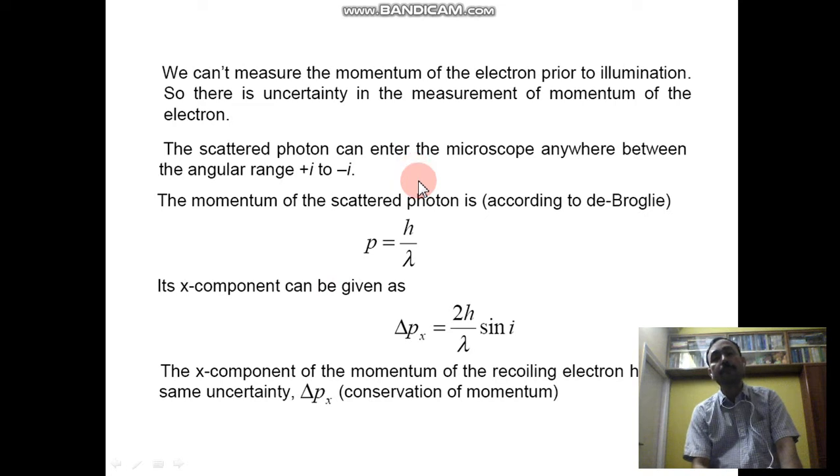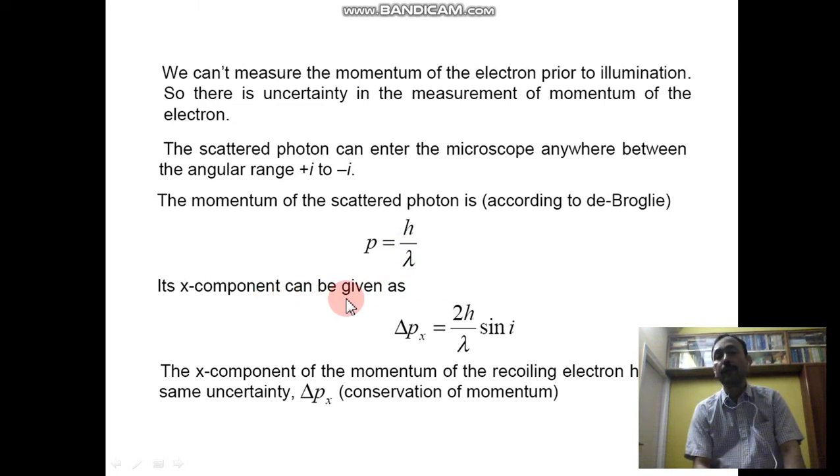The momentum of the scattered photon, according to the de Broglie hypothesis, is P equal to h by lambda, where P represents momentum, h is Planck's constant, and lambda is the wavelength of the light used.